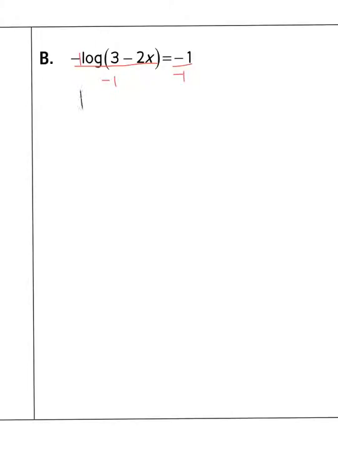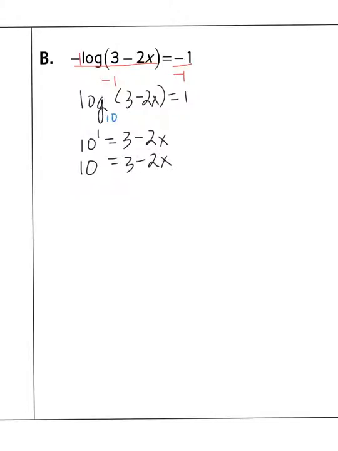And so that gives you log, and of course it's understood that it's a base of 10, of 3 minus 2x equals positive 1. Convert that to exponential form, you get 10 to the 1 is equal to 3 minus 2x. 10 to the 1 is 10, equals 3 minus 2x.